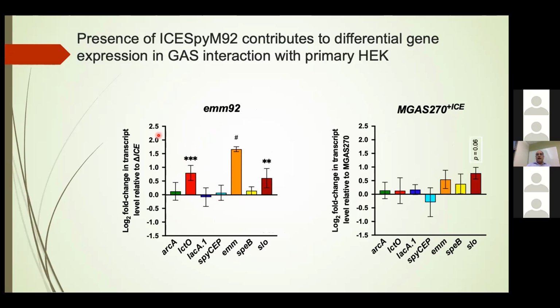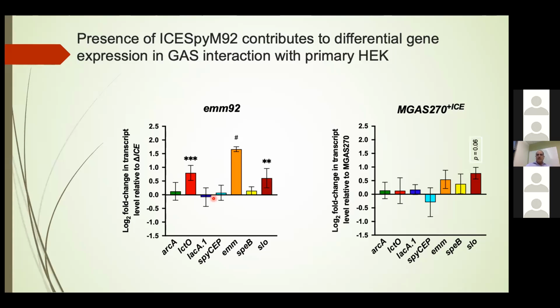And what this assay showed us was, first of all, that there is differential gene expression associated with the presence of ICE-Spy M92, specifically of genes like LtpO, the M protein, and the cytotoxin SLO. But interestingly, this differential gene expression was also dependent on the genomic background.